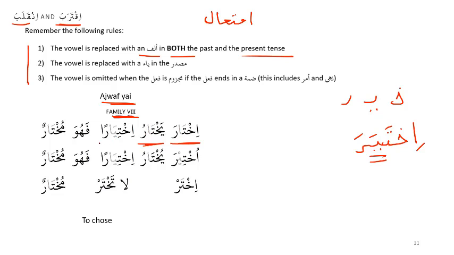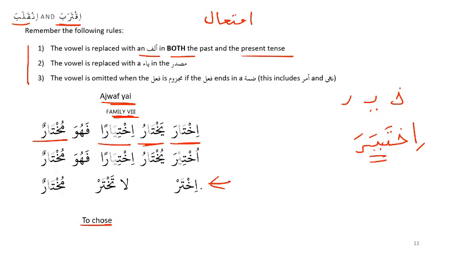And then ikhtiyaran, again we have alif there. Fahuwa mukhtarun. This verb means to choose, and there's something similar in Urdu, like when we say mera ikhtiyar, that means my choice. So ikhtara yakhtaru ikhtiyaran means to choose.